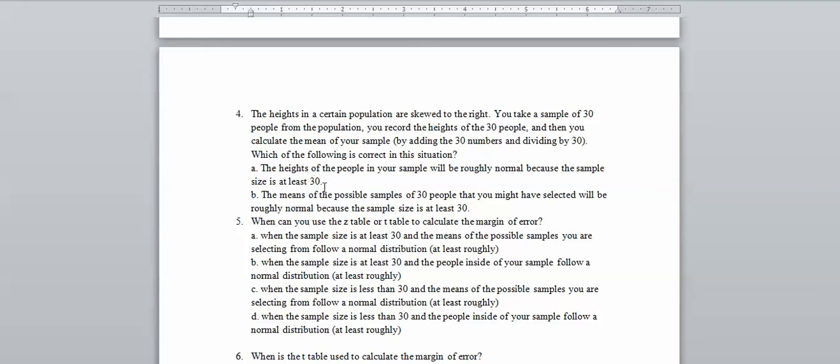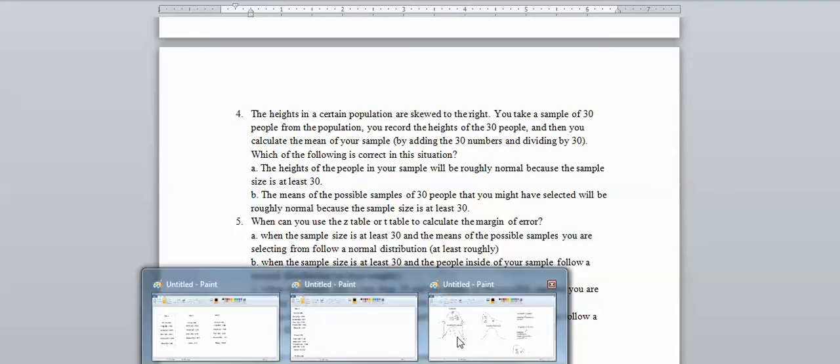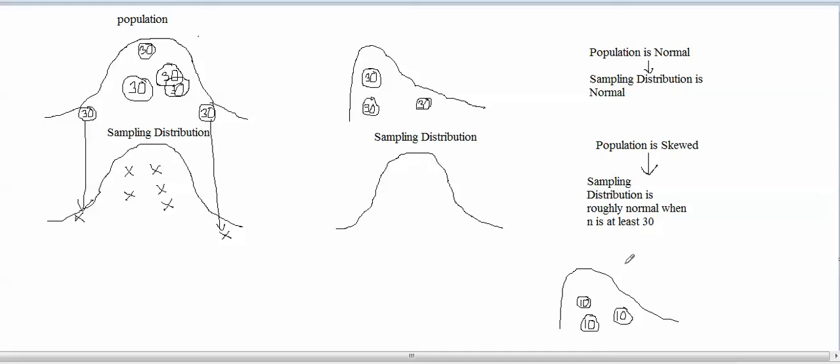It's not the 30 heights that you're recording that will be normal. What is going to be normal is the means of the possible samples of 30 people. So it's not the 30 individual people in your sample that are going to be normal.